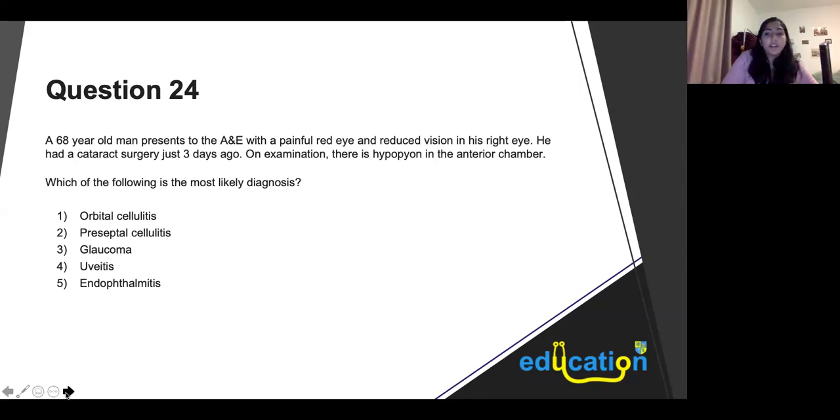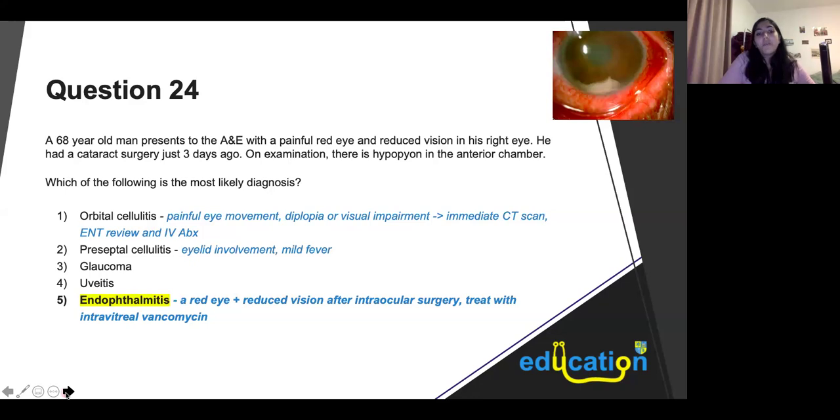So essentially, as soon as you see surgery like 2 or 3 days ago, it's probably going to be endophthalmitis, because that's literally a complication of intraocular surgery. And it looks like this. To be honest, this is just any hypopyon that I wanted to show you guys what it looked like.